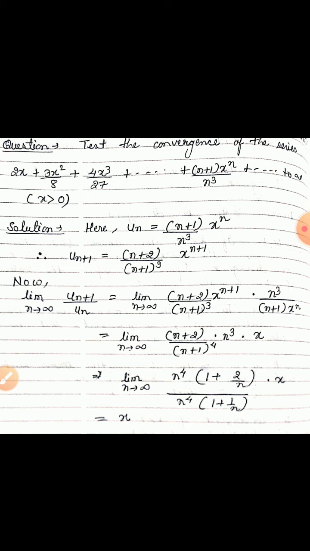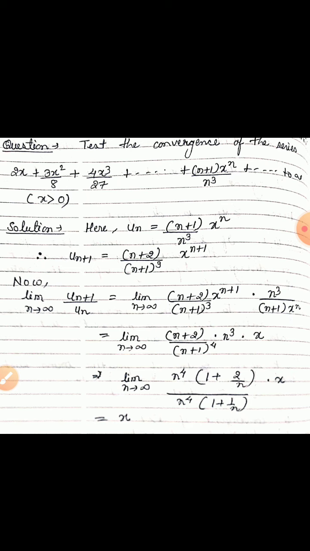Now we will find the limit as n tending to infinity of u_n plus 1 by u_n. So it is equal to limit n tending to infinity, n plus 2 by n plus 1 whole cube x to the power n plus 1 into n cube by n plus 1 x to the power n.